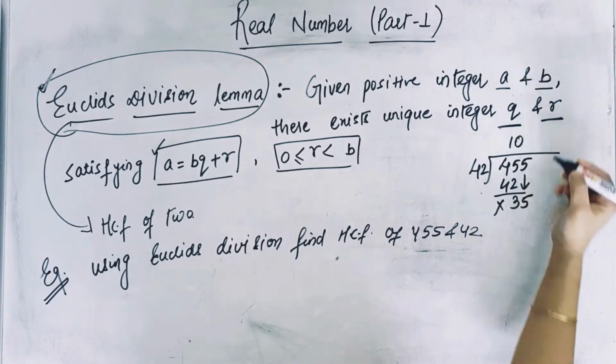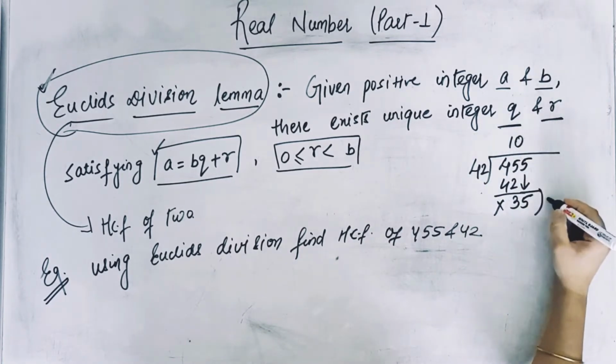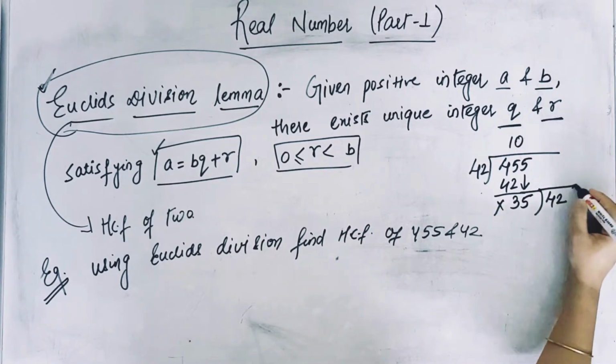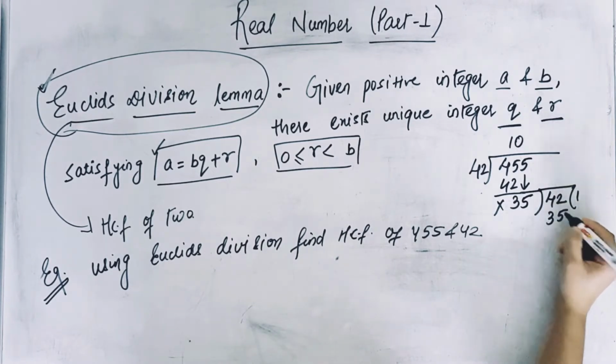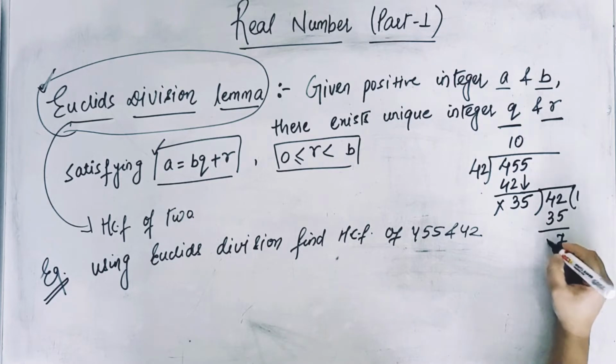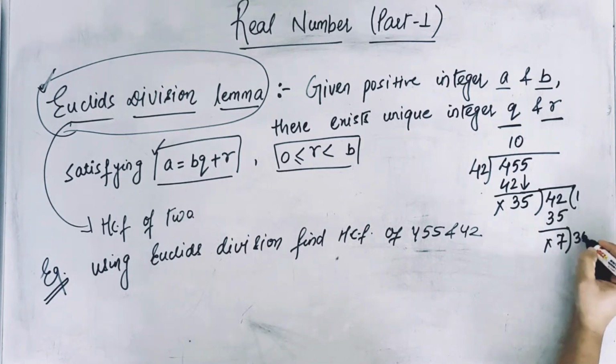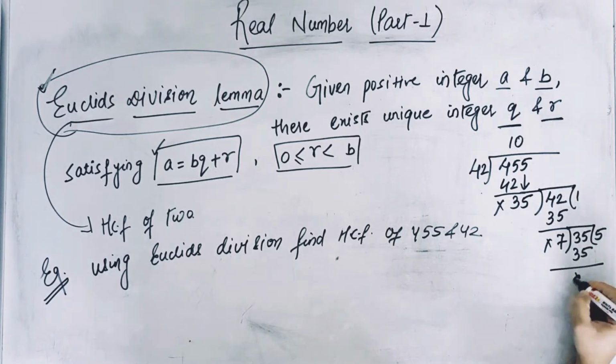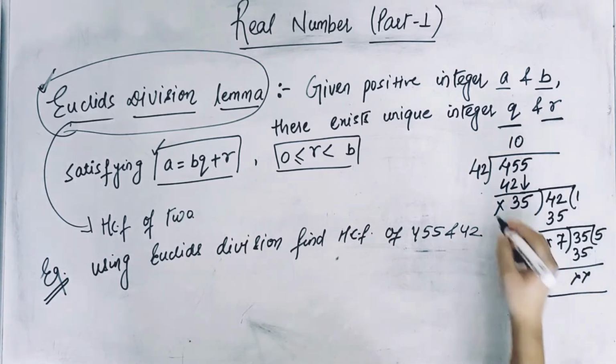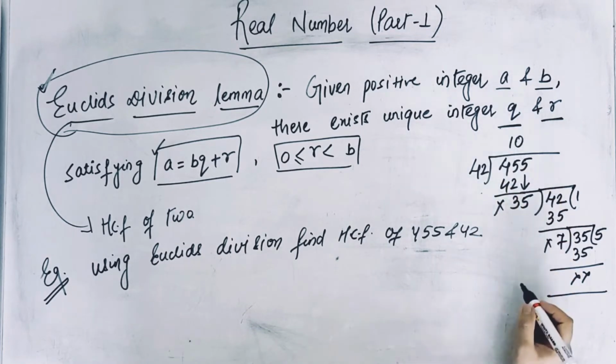So I'll put 0 over here. Similarly, we divide 42 by 35, 35 ones are 35. Then I'll get 7 over here. Then this 7 will be divided into 35. 7 5s are 35. This is the long division method to obtain the HCF of two numbers.